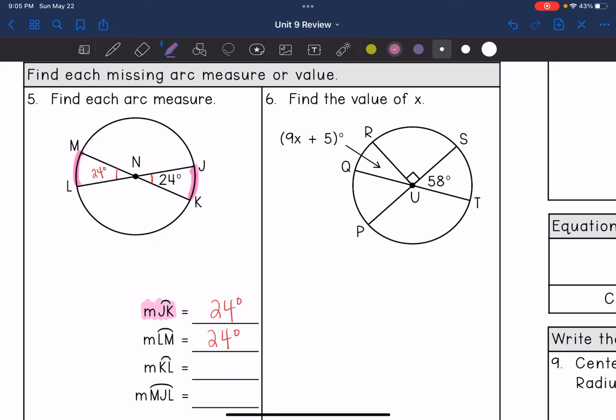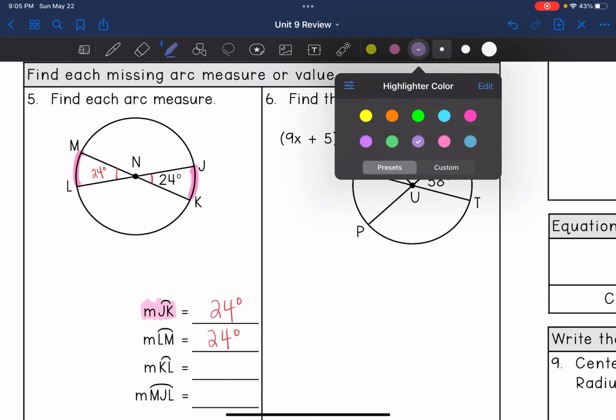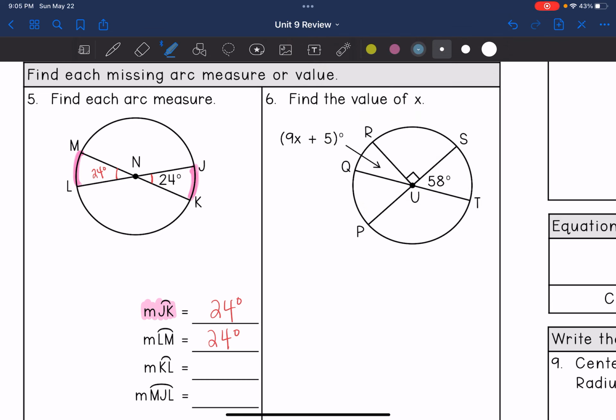Okay, next one, KL. KL, okay, right here, the bottom part. So this one, we don't know the central angle yet, but it's pretty easy to find. Since it's going exactly through the center and it's making a straight line, we know that all straight lines have to equal 180.